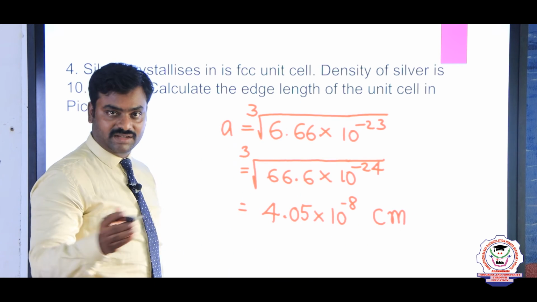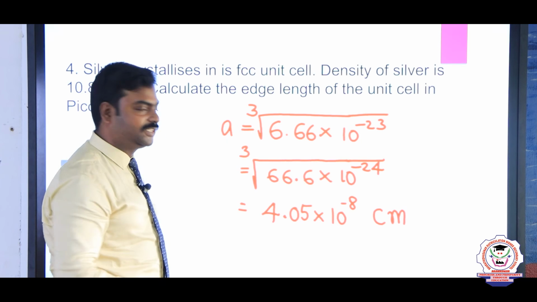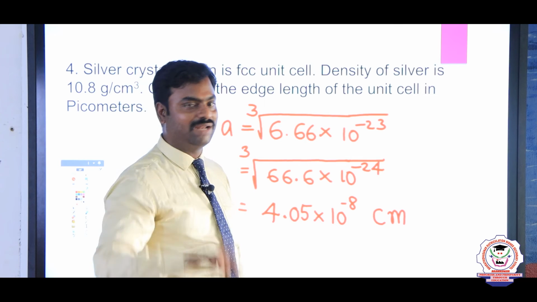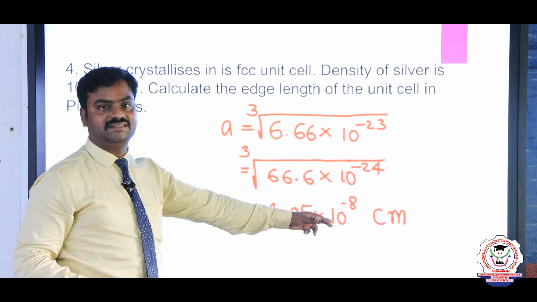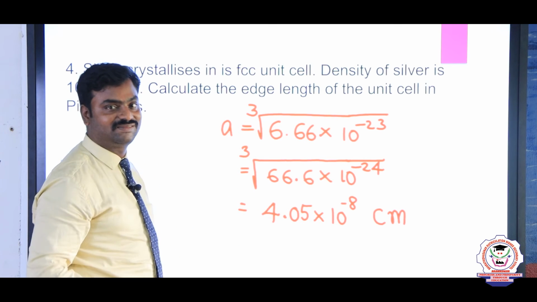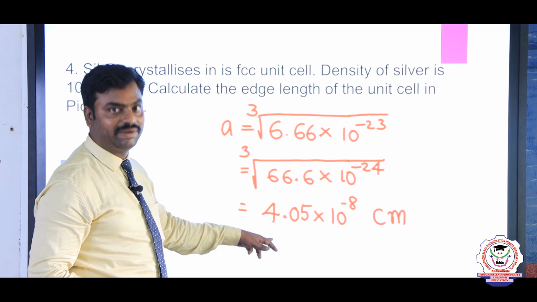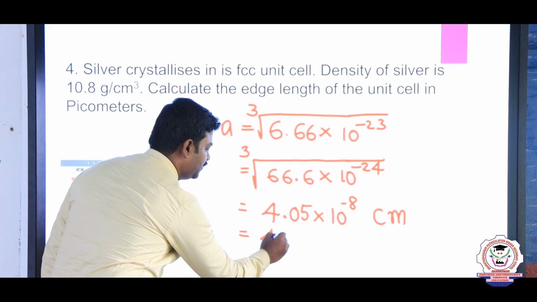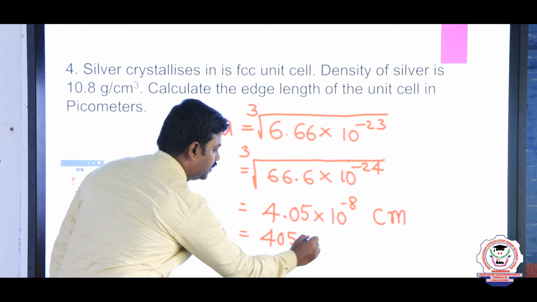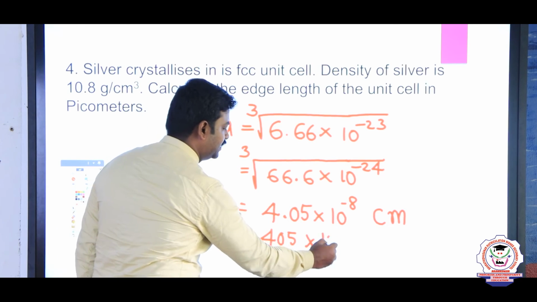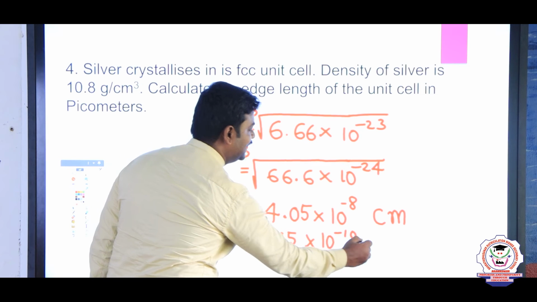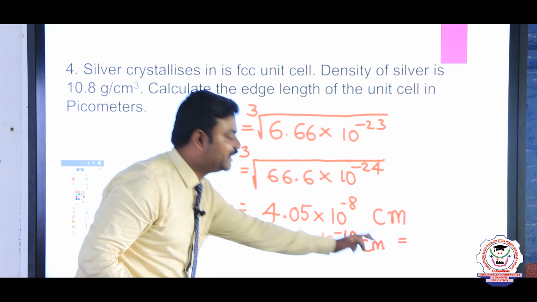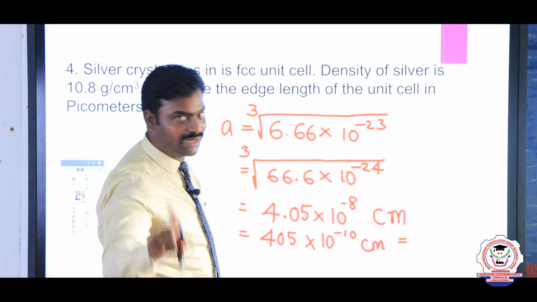And we can convert it into picometer. What is picometer? 10 power minus 10 centimeter is equal to 1 picometer. How to convert it? 10 power minus 8 into 10 power minus 10, we have to multiply it by 100. So, that is equal to 405 into 10 power minus 10 centimeter, and 10 power minus 10 centimeter is equal to 1 picometer.